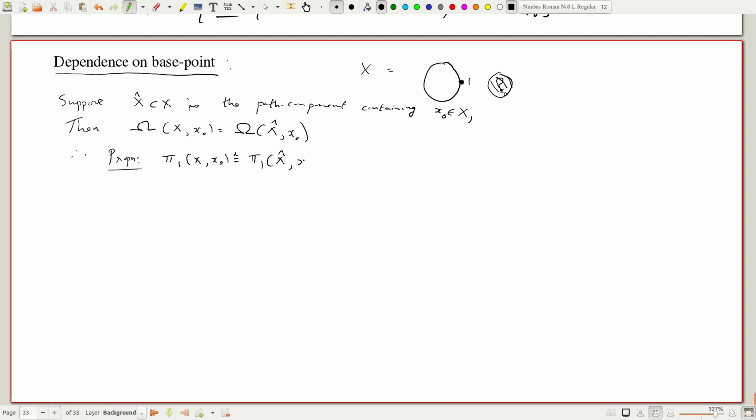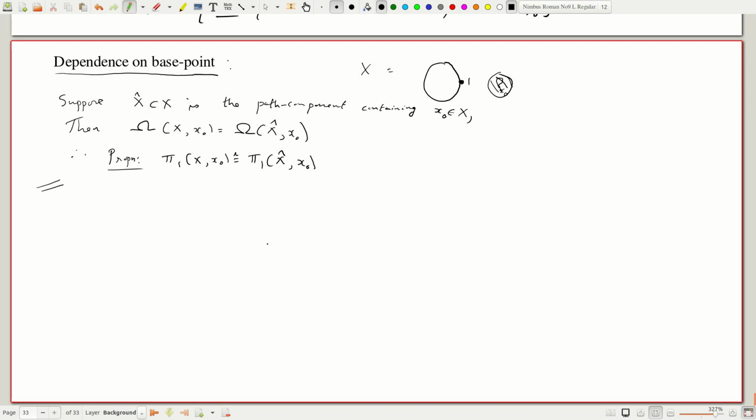So if we have more than one path component, then the fundamental group depends on which path component the base point is in, and in examples you could have different fundamental groups for different path components. So in that case you have a dependence. This is a simple thing, but not so easy to take care of. It is a nuisance in a way, but it's still quite easy to understand.